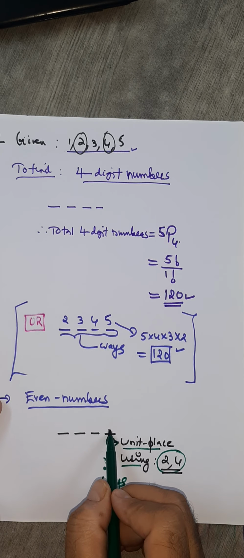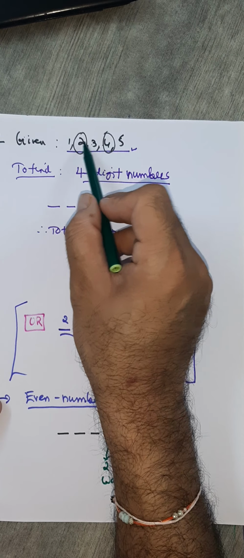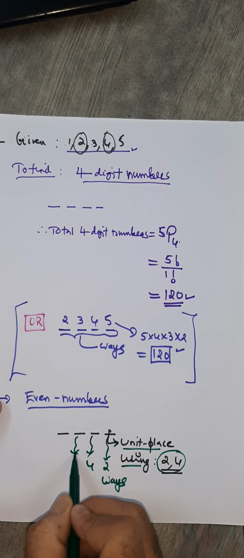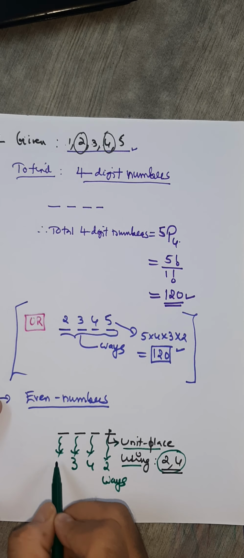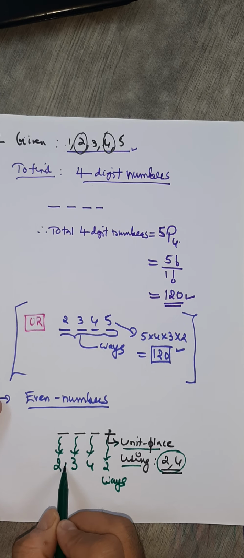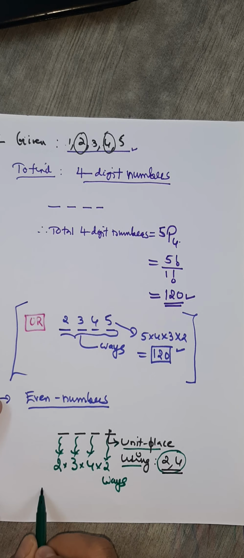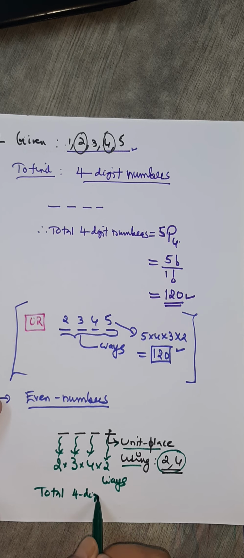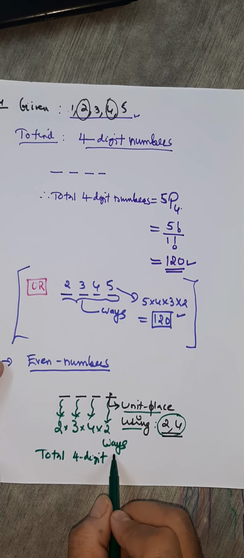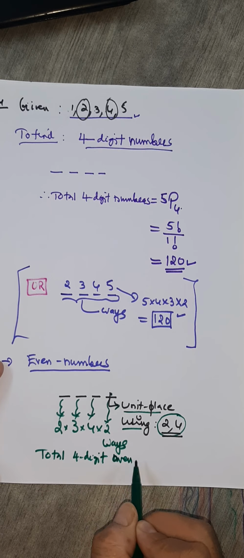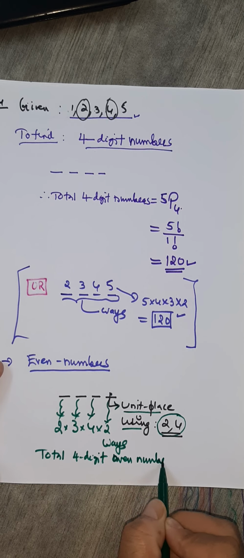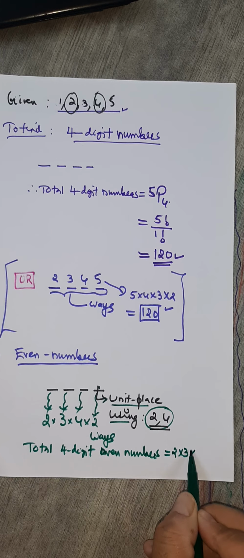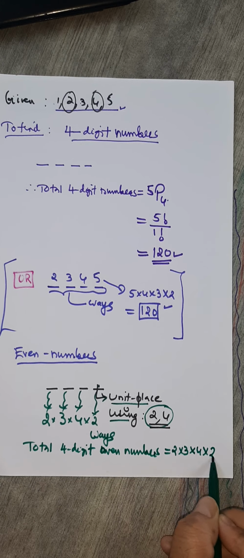Now one digit is gone. Out of the remaining 1, 2, 3, 4, 5, one has gone, so this can be filled up in 4 ways. Another one is gone, this can be filled up in 3 ways. Another one is gone, this can be filled up again in 2 ways. So by the counting principle, total 4 digit even numbers, remember, equals 2 into 3 into 4 into 2.